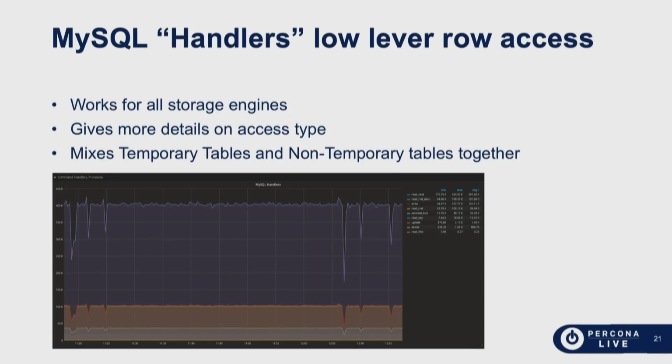They also give us a little bit more information about the access type, because, for example, you can't maybe see very well, but read next corresponds to index scan, and read rnd next corresponds to full table scans, right? So for those, I can really understand what kind of access patterns on the database my overall traffic employs.